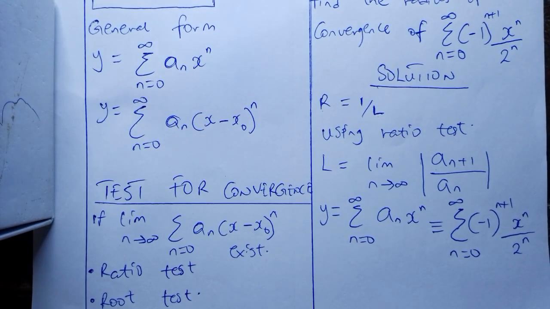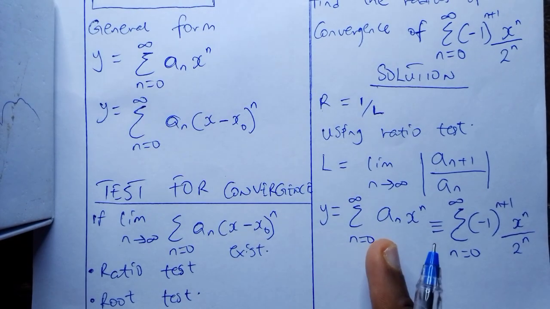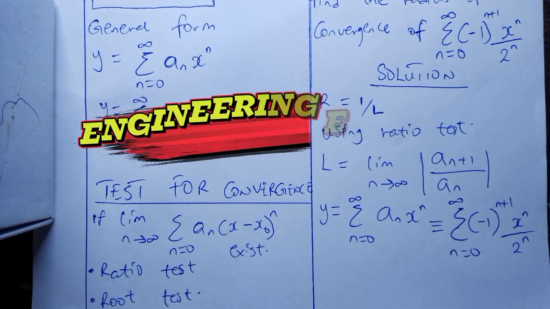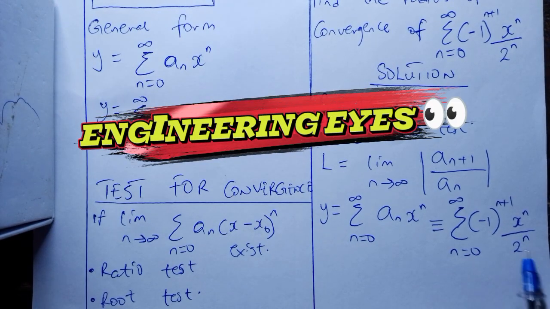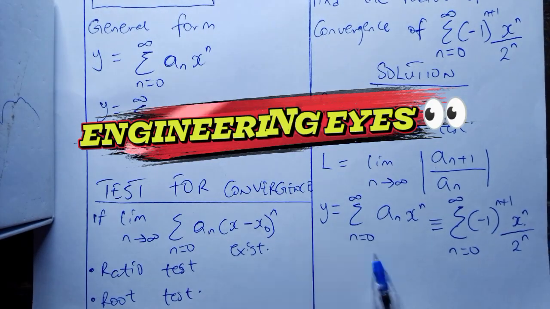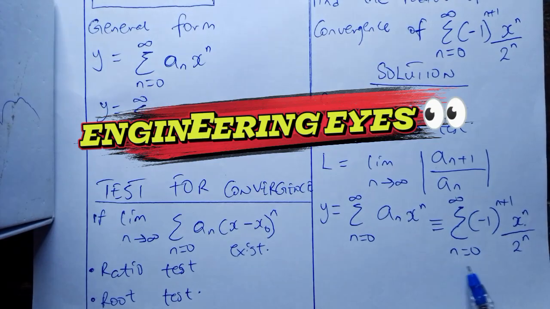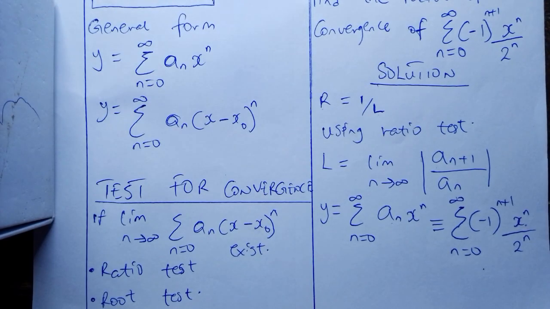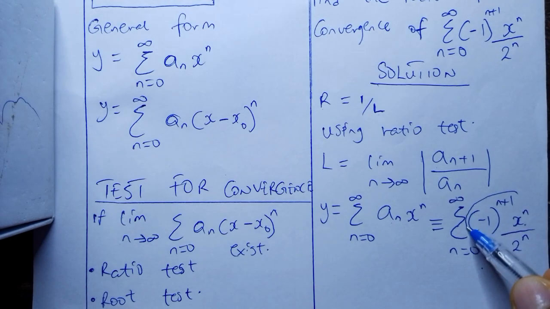Now, if you look at this and this with your engineering eyes, you know that we have x^n here and we have x^n here, right? Yes, and we have summation infinity n equals 0 here, and we have summation infinity n equals 0. So meaning our a is what? This guy. Just follow me. Our a is this guy.